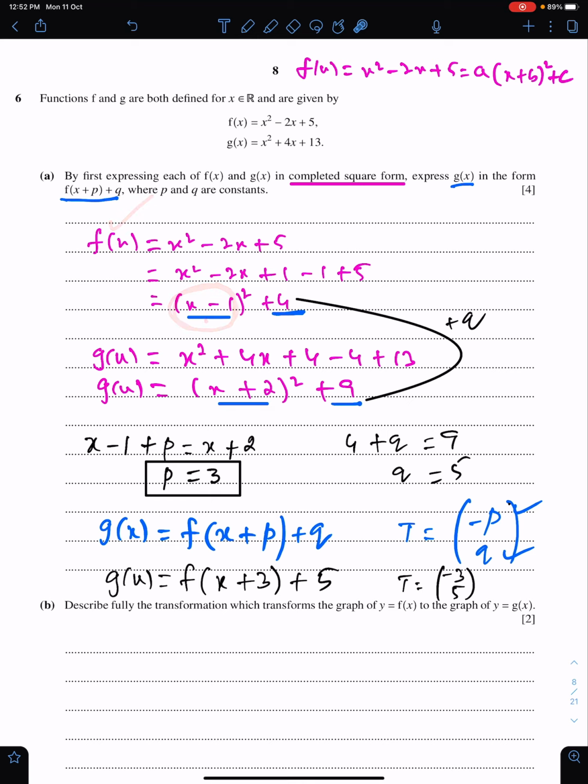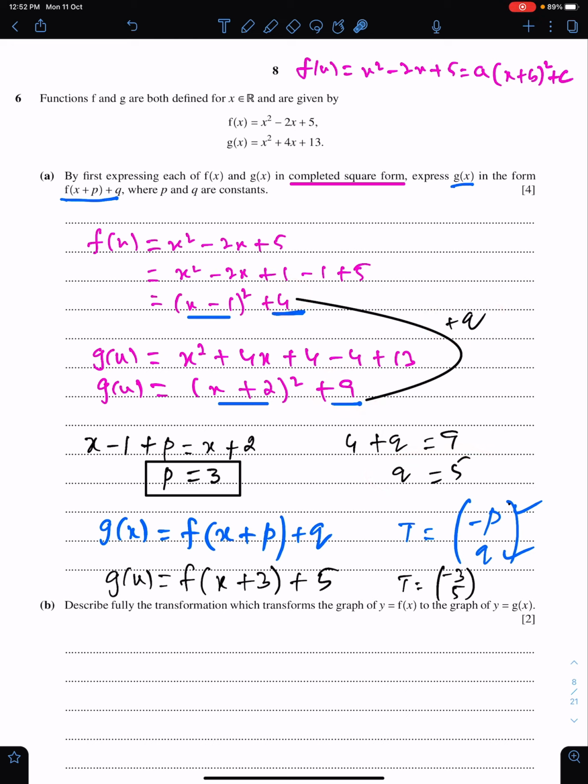You have to make this x plus 2. So to make this x plus 2, you have to add something here, which is p. So p is 3. Similarly, if you add q to 4, you'll get 9. So the value of q is 5.